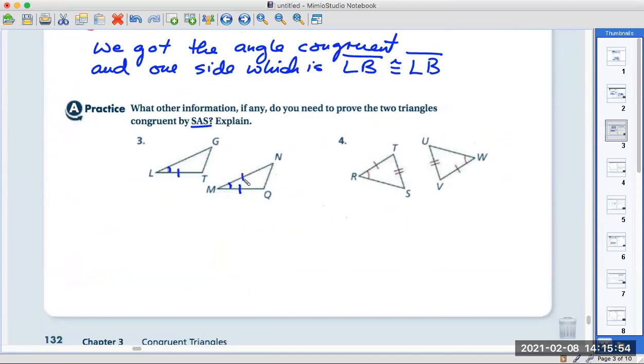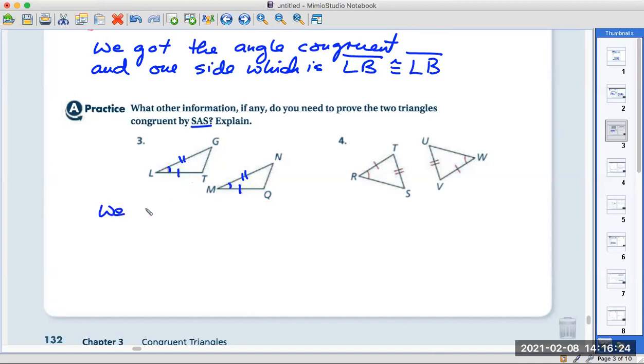We would need this one and this one. But there's no indication that these two sides are equal. I'm just marking them because that's what we need. You need some proof that they would be equal, either by the given information or by some other deductive reasoning, but they're not. Given is only this angle and this side.